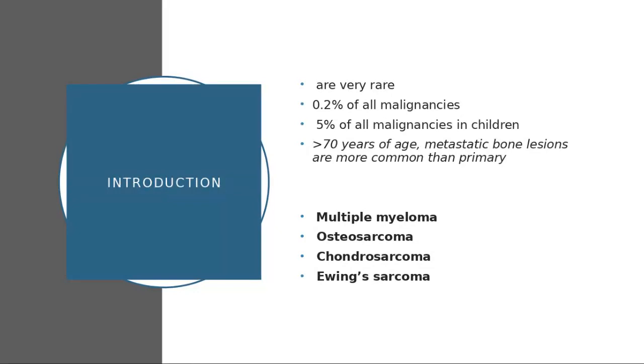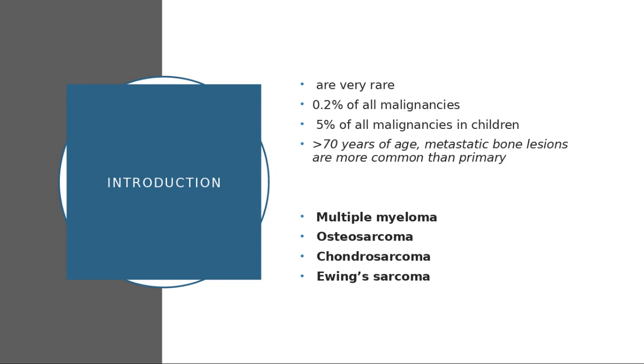More common in children than in adults, but in spite of this, it's still only 5% of all the malignancies in children. Usually as you get older, you have less and less chance of having a primary bone tumor. Patients above 70 years of age almost never have a primary bone tumor, and if they have any kind of bony lesion, it's most likely to be due to metastatic bone disease, which we talk a bit more about later.